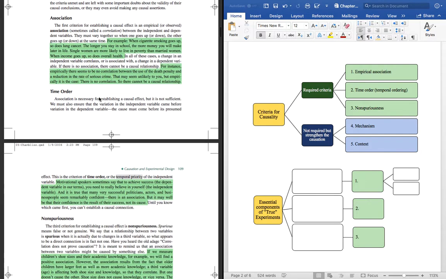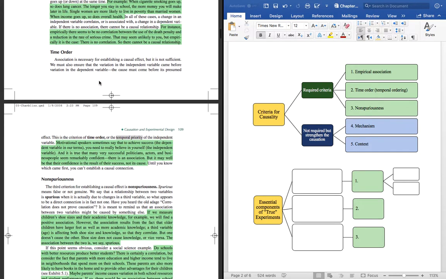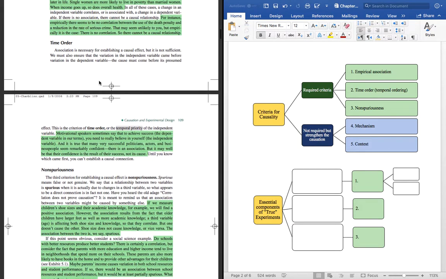Time order talks about the requirement that variation in our independent variable should occur first, meaning that it should occur before the variation in our dependent variable. So any changes should first happen to our independent variable and then happen in our dependent variable.